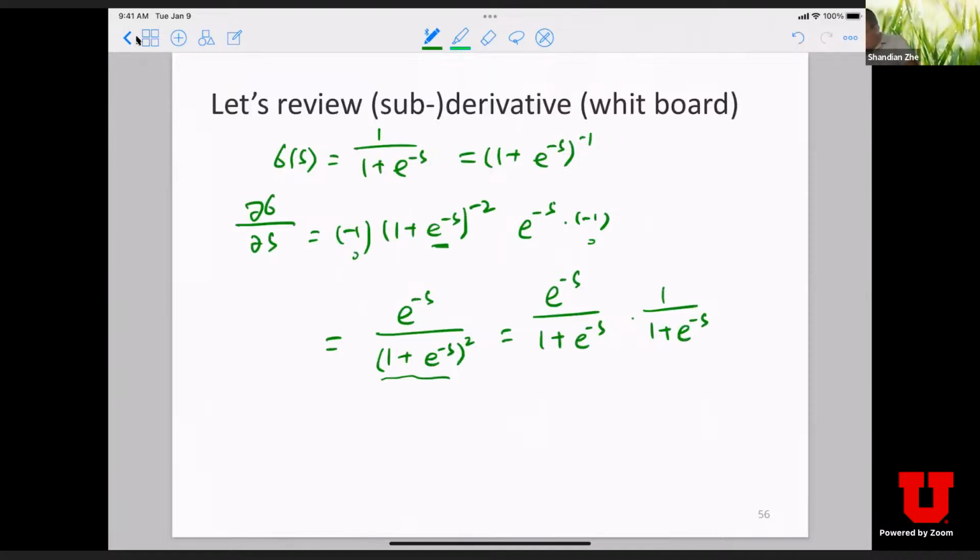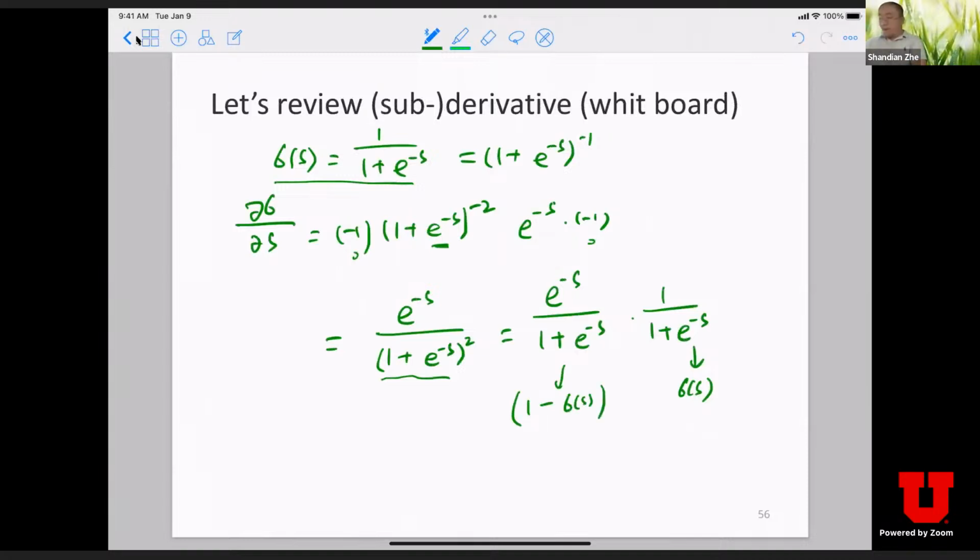So what is this one? Look here, it is sigma of s itself. And what is this one? Yeah, 1 minus sigma of s.